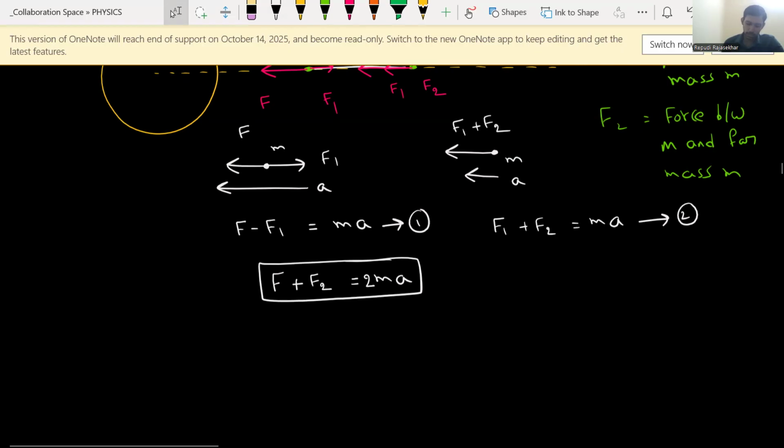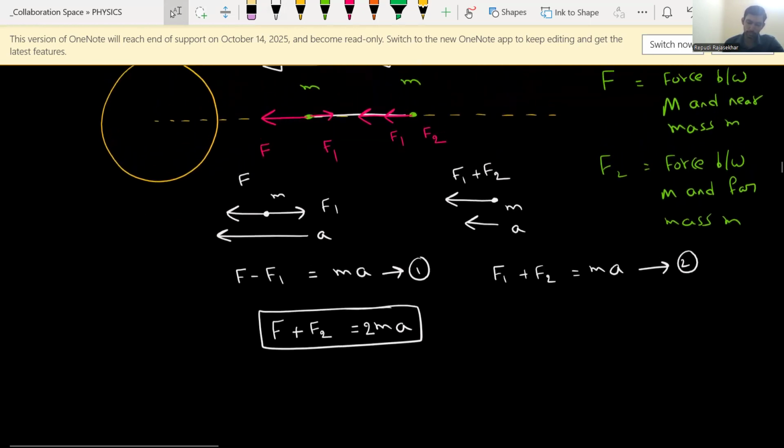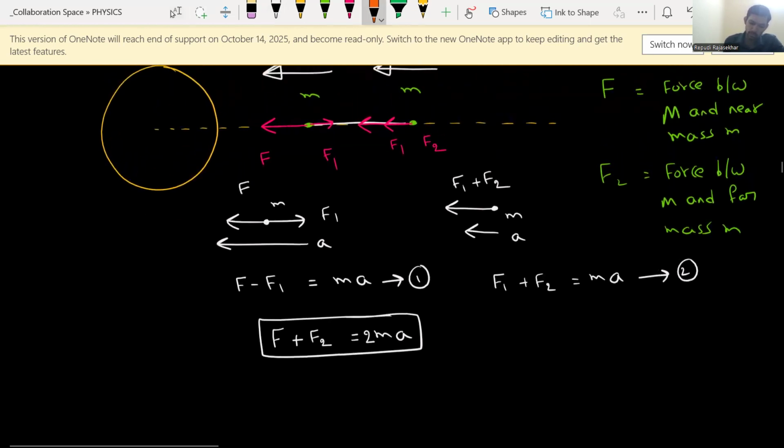Now what is the F value, what is the F2 value? How to represent this F value and F2 value? For that we need to apply the rule again, Newton's law of gravitation, with whatever distances are given. For the F value, from here to here the distance given is 3L, and for F2, from here to here, the total distance becomes 3L plus L, 4L.